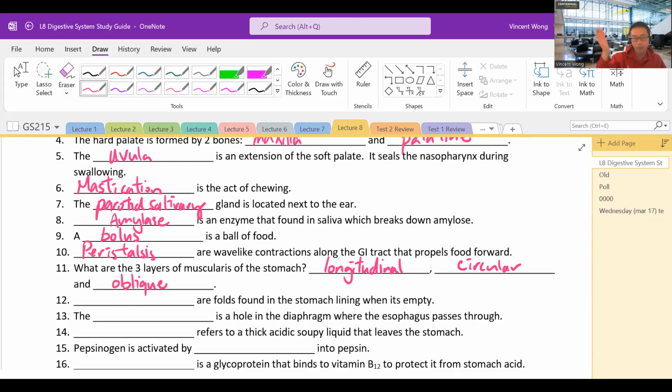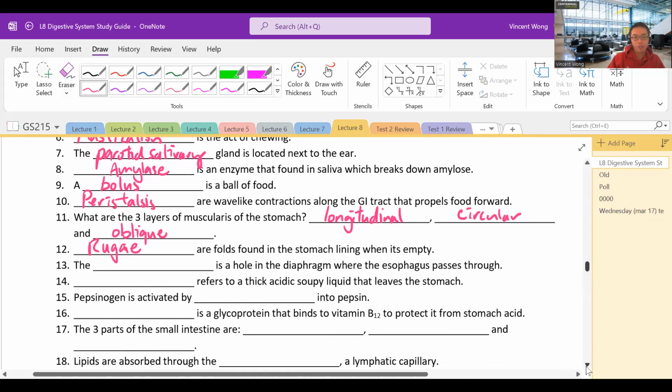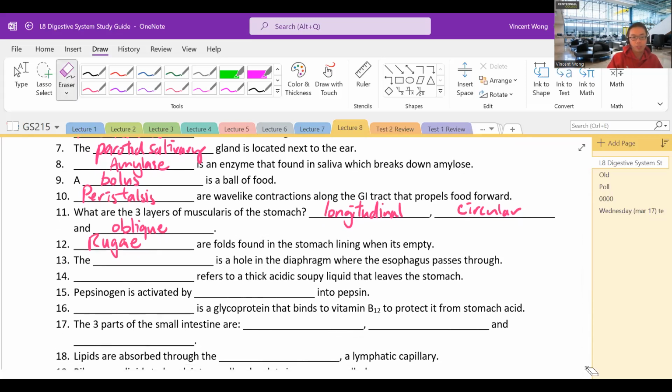Diagonal pattern that allows twisting of motion. Folds found in stomach lining when it is empty, those are the rugae. Okay? Like an empty balloon, there are wrinkles. That's basically what it is. But the rugae will disappear when your stomach is full.